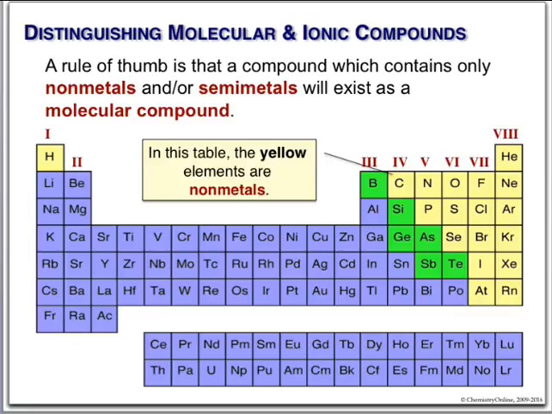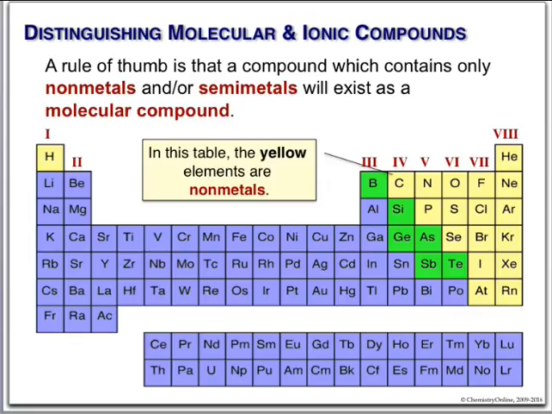The very, very simple rule: if your compound contains a metal, it will be ionic. If it only contains nonmetals and or semimetals, it will be molecular. So these guys, nonmetals and semimetals, will form covalent bonds.